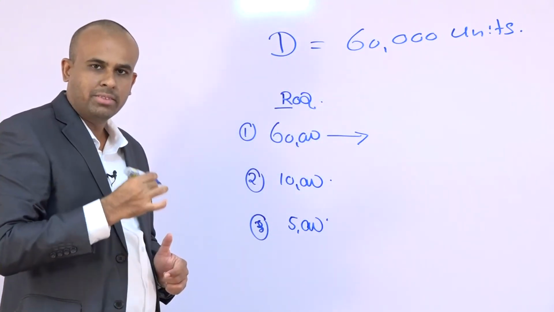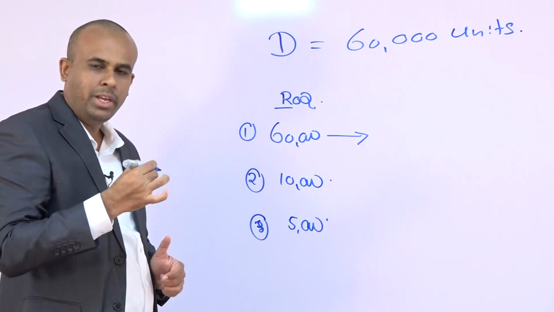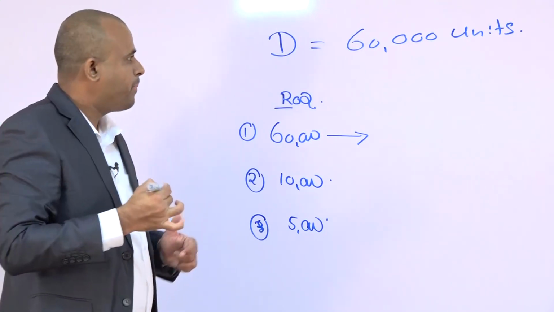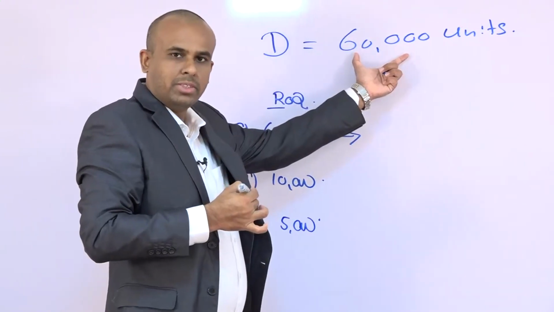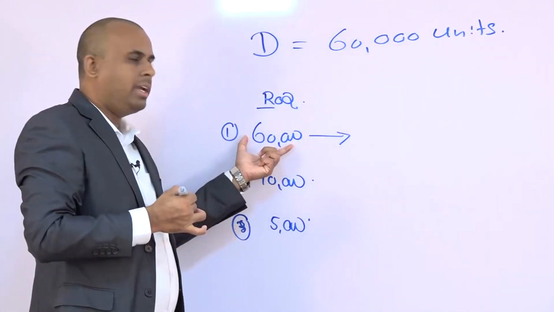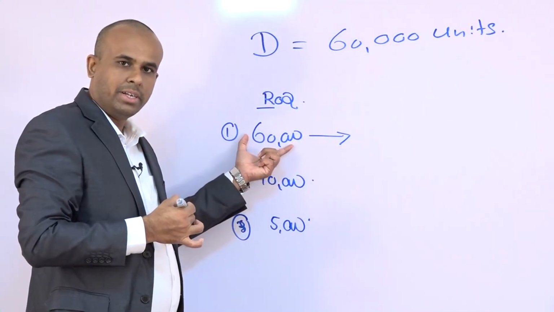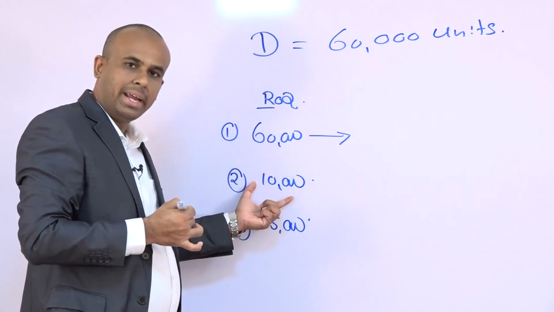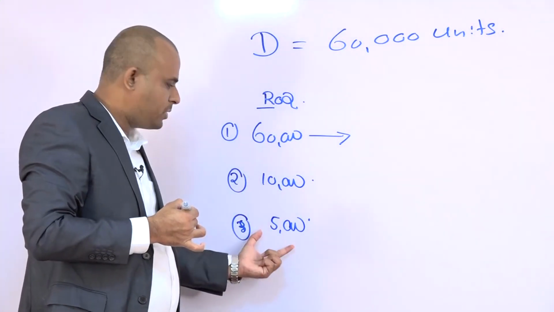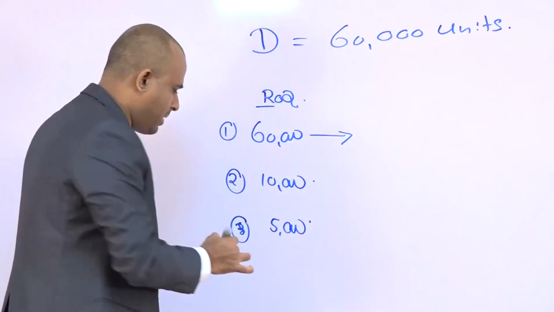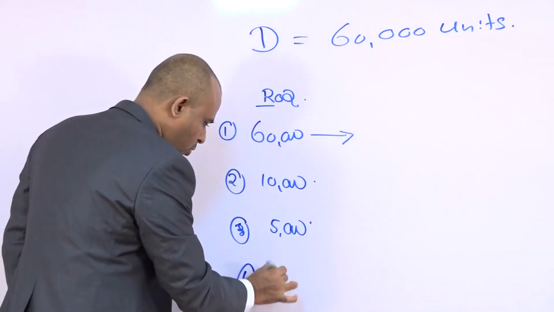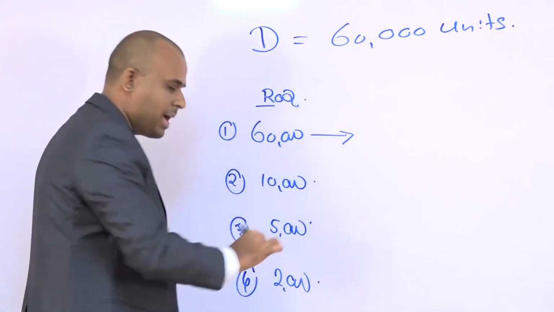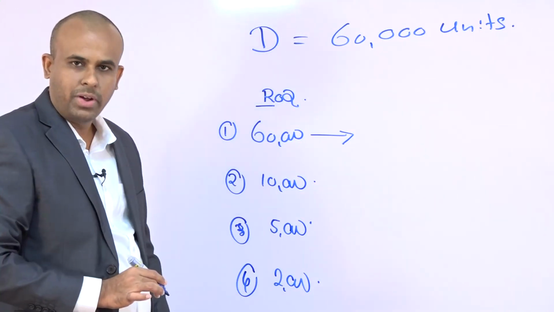Reorder quantity means how many units you purchase at once. Your annual demand is 60,000, and optionally you can buy the entire 60,000 at once, or 10,000 at once, or 5,000 at once, or 2,000 units at once.